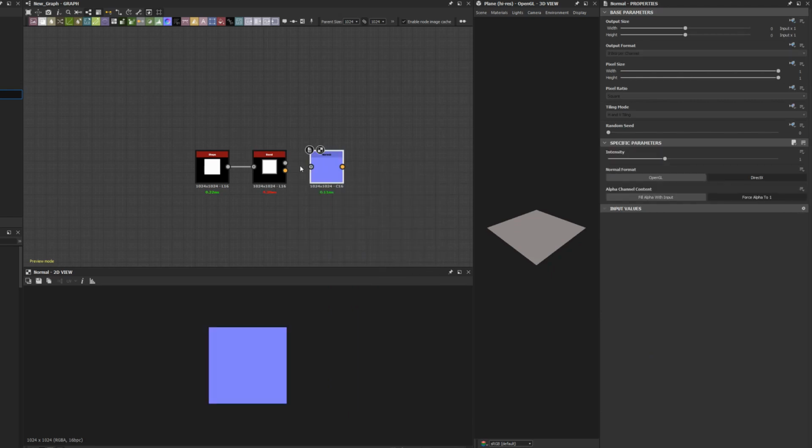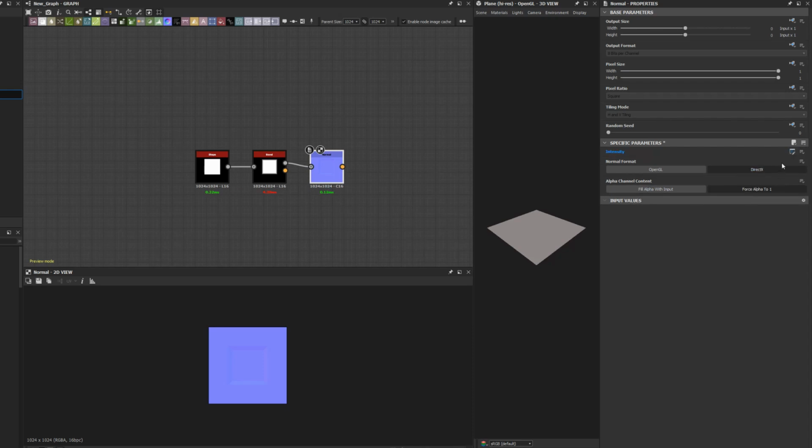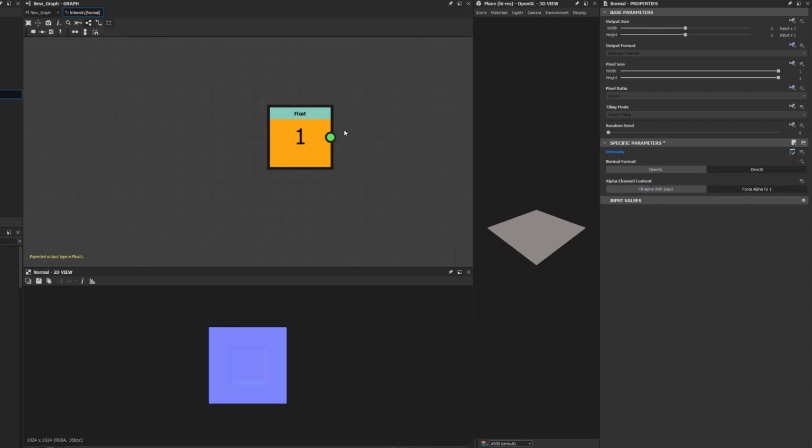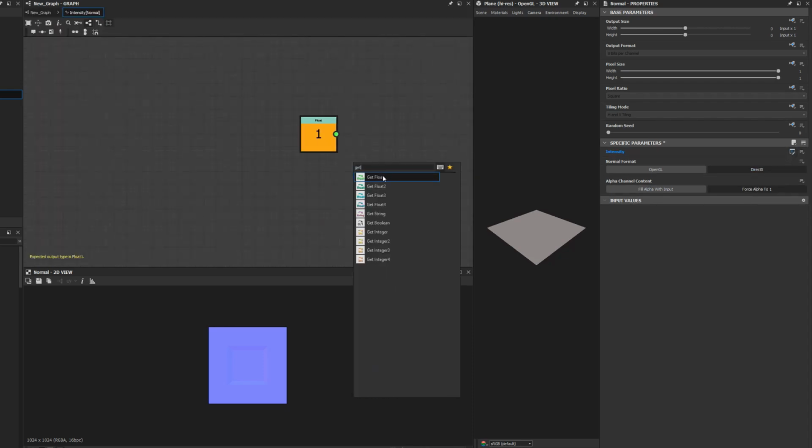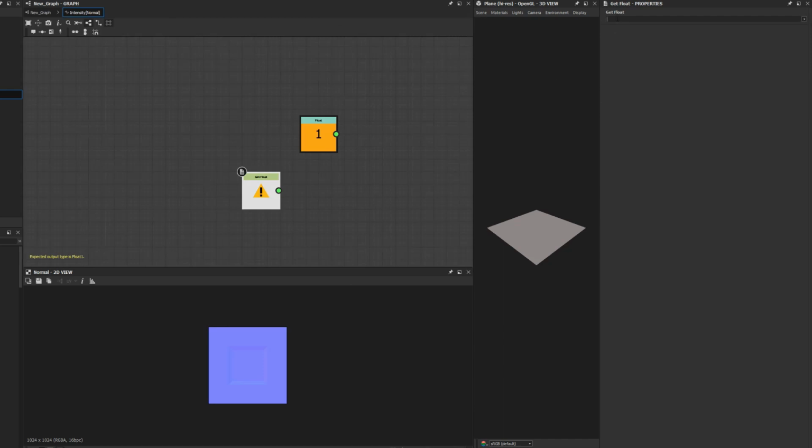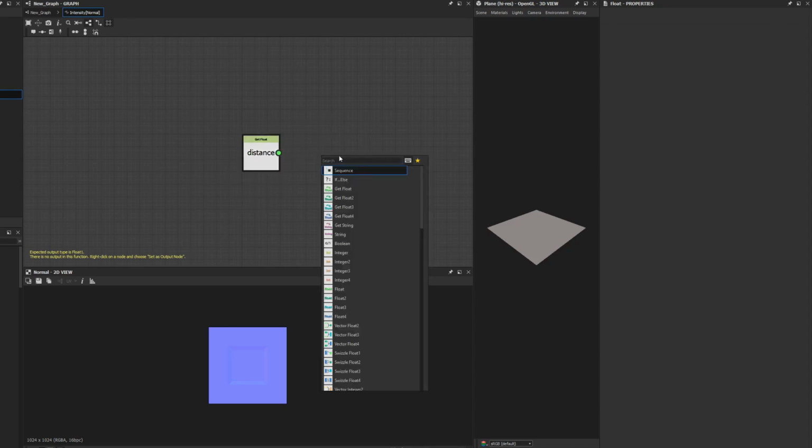We'll need a normal. Plop those together. And then we're going to need to address that intensity, so make this a new value as well. Constant, yeah. And we won't need that float, I think. We'll delete that later. So we'll get float, we'll get the distance. And then we're going to need to flip that.